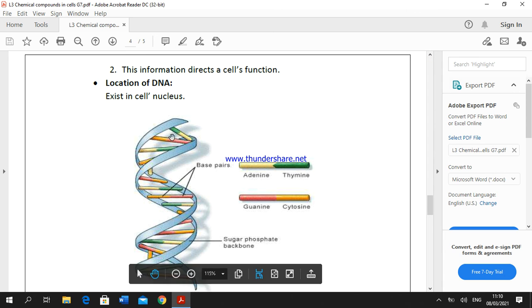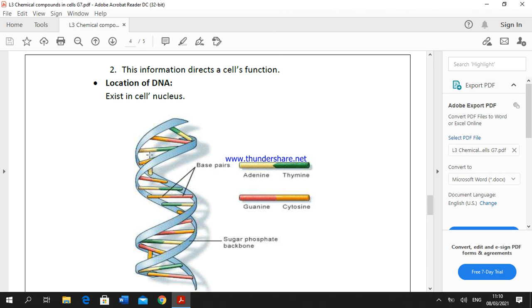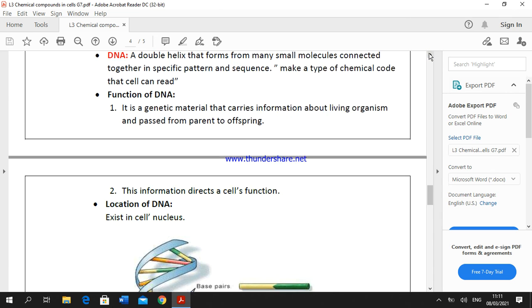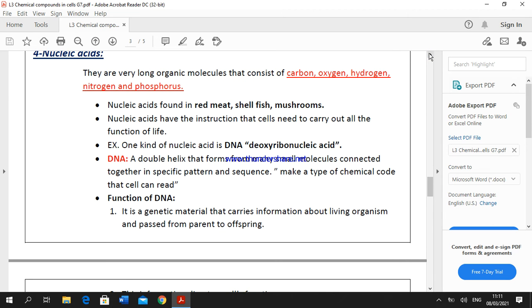A double helix consists of many smaller molecules called nucleotides. Nucleotides are arranged in DNA strands in a specific sequence and pattern that produce a code that the cell can read. Again, DNA is a double helix formed from many small molecules called nucleotides connected together in a specific pattern, and the sequence makes a type of chemical code that the cell can read.